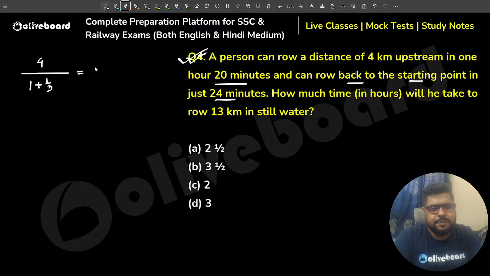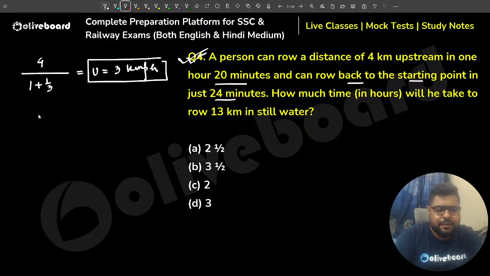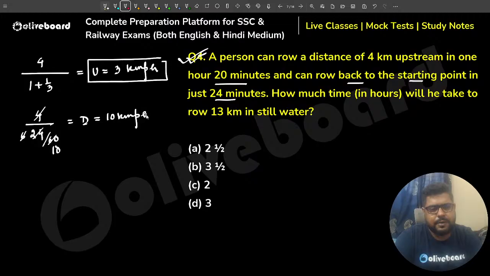So the upstream speed will be 4 by 4/3, so 3 kilometers per hour. Similarly, sir, 4 kilometers in downstream travel back in 24 minutes, meaning 24 by 60. So 4 divided by that, D value comes out to be 10 kilometers per hour.